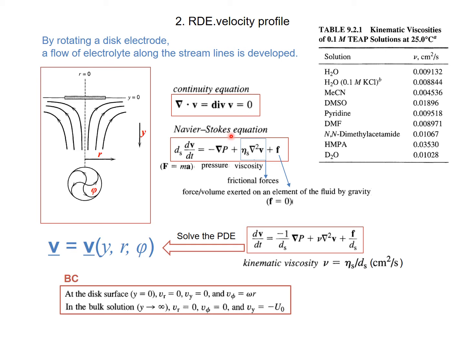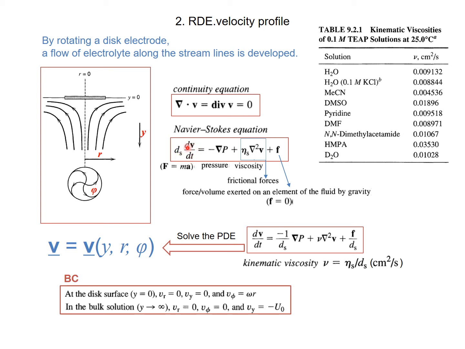You would learn about that from transport phenomena or something like that. So let me try to understand the Navier-Stokes equation. Here, density times the derivative of velocity. What is that?